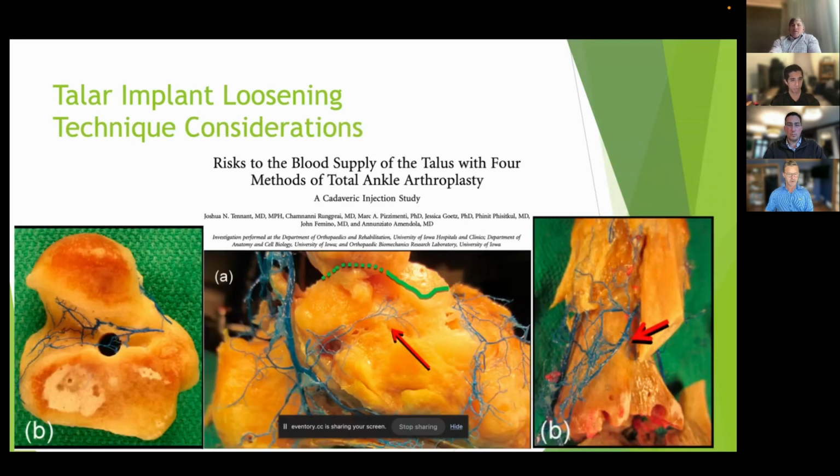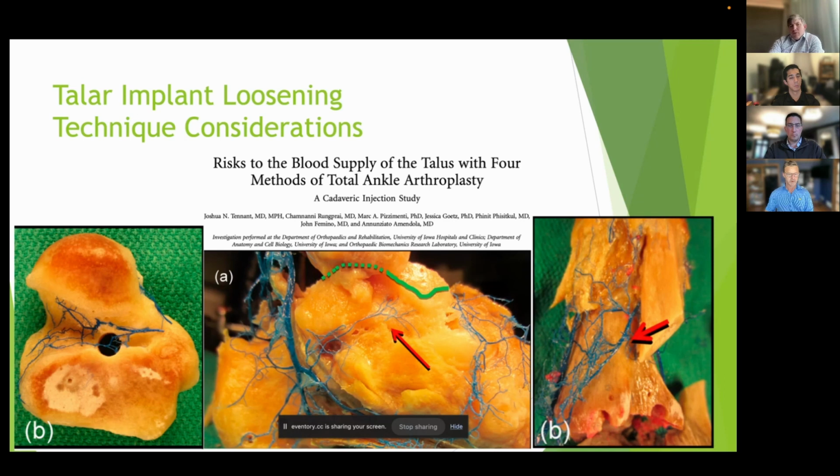Before we talk about the implants themselves, I think it is important to talk about how we put them in. This is a very good study in terms of technically identifying some of the risk of segmental blood supply injury to the talus, which would have obvious implications on bony ingrowth to our talar implants. On the left, we have the illustration that the M-bone reamer rod they insert can show clear injury to this artery of the tarsal canal.